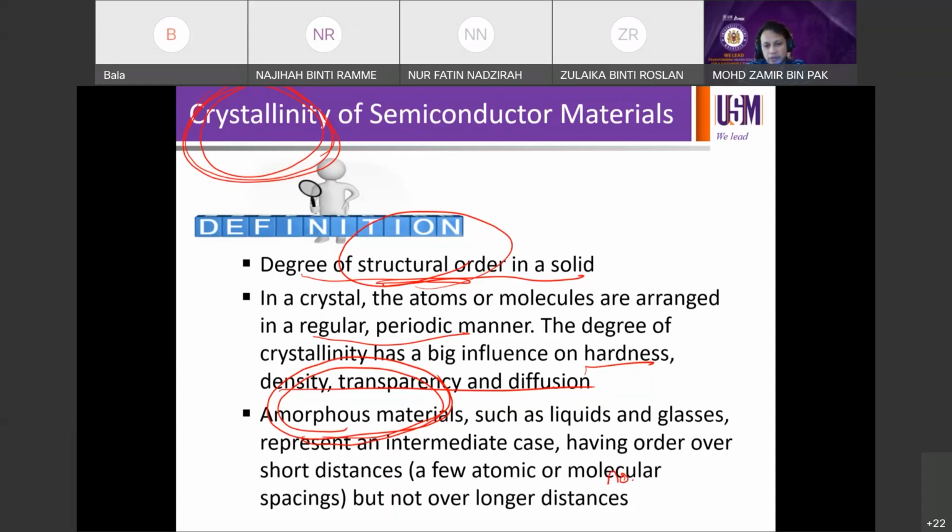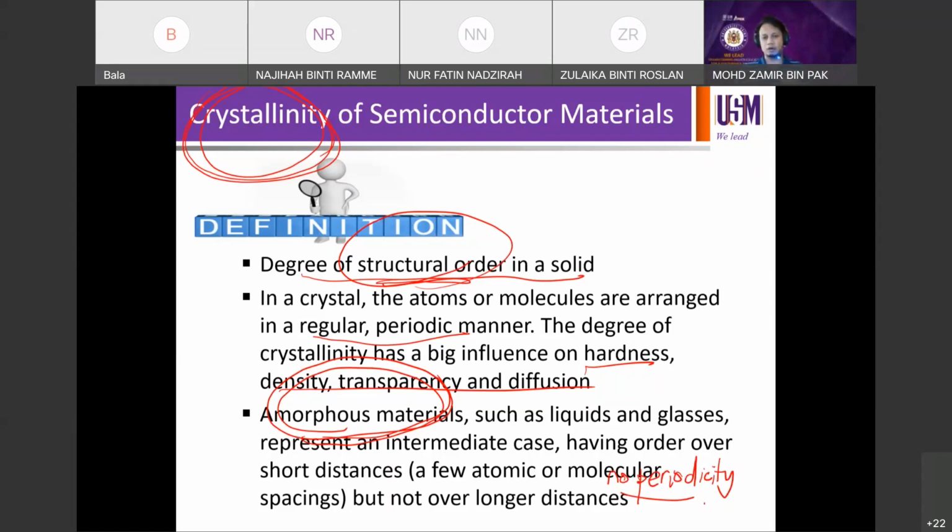Tak ada periodicity. So the arrangement of atoms, tak ada any repeating pattern at all. So there's no specific arrangement of the atoms in the lattice. It's just like berterabur, scattered. You cannot really tell a single pattern of atomic arrangement or crystalline arrangement.